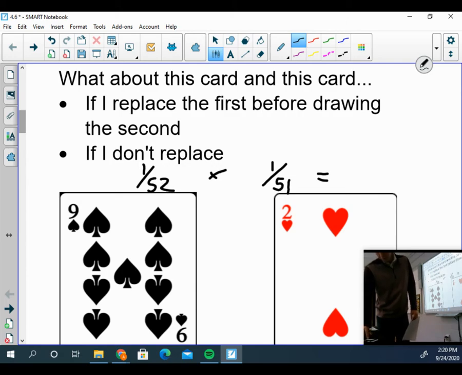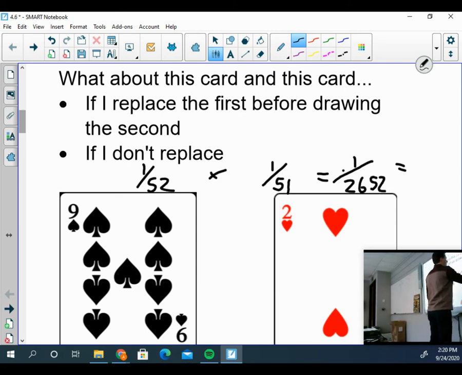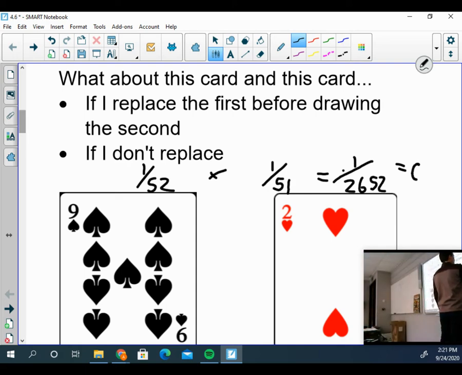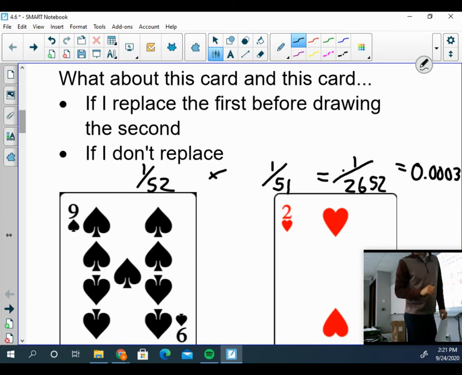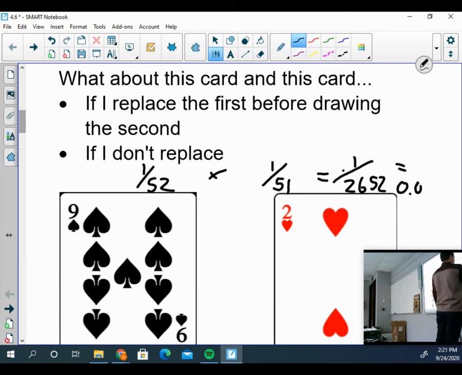When I do that, I have a 1 in 2,652 chance of that happening, or a 0.0000377 chance, or if you wanted that in percentages, a 0.0377% chance.